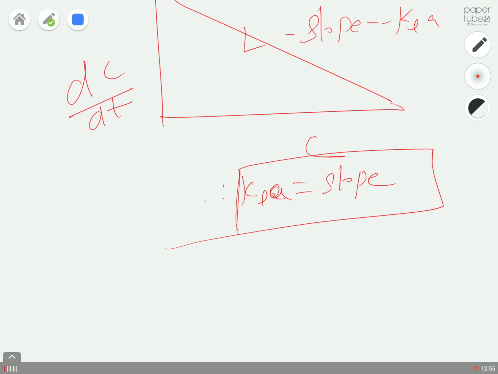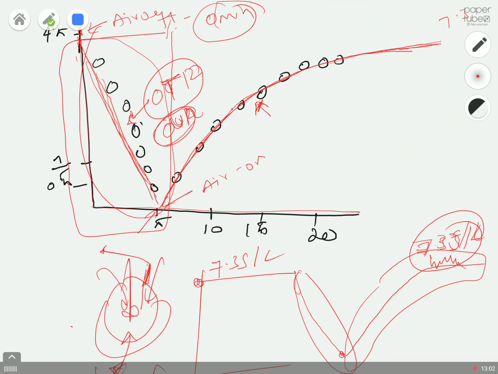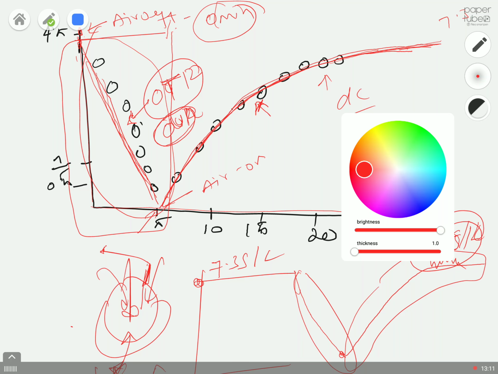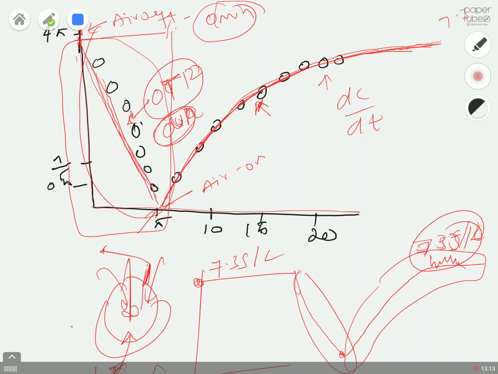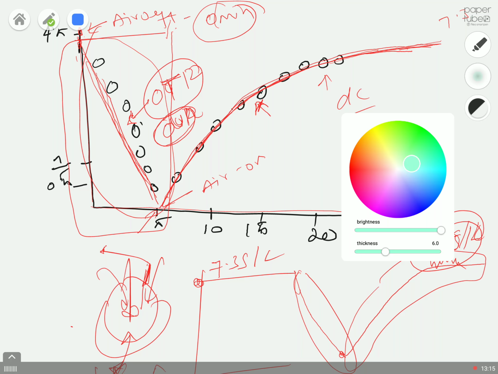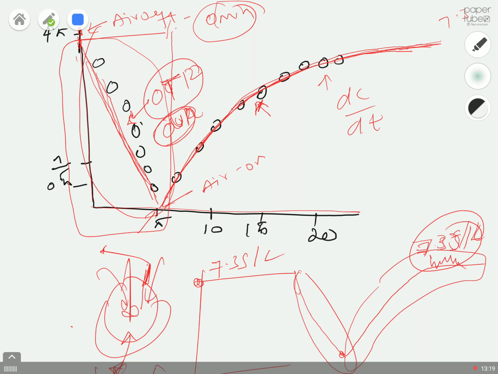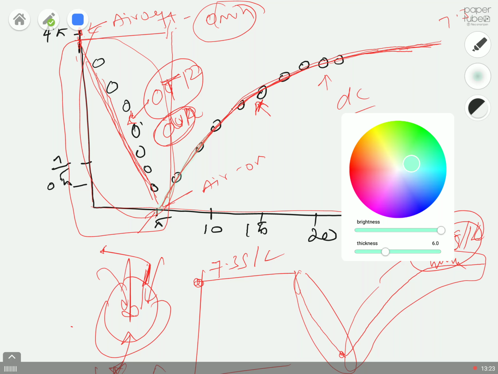If you go back to this graph, you have concentration versus time. All you need to do is take dc by dt of this particular part where oxygen is getting transferred. So let me change the highlighter.